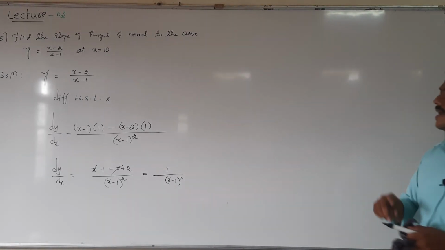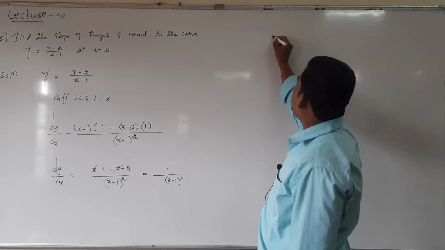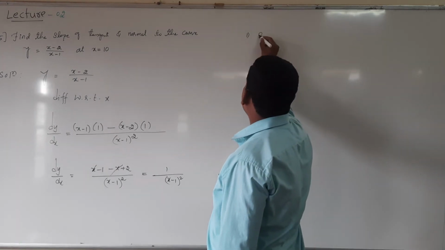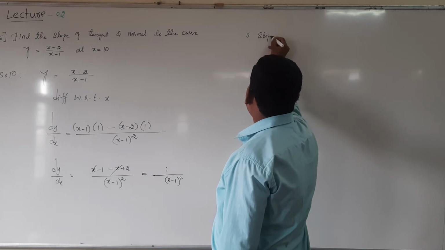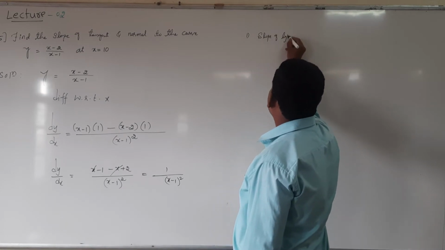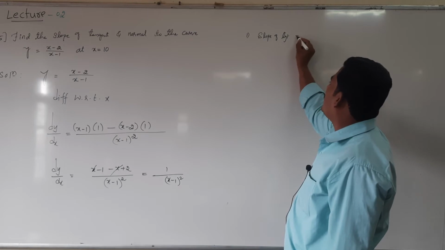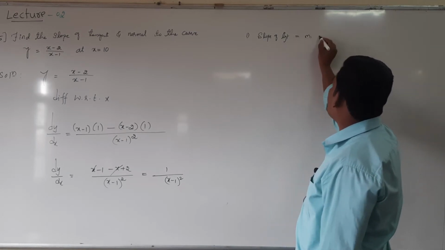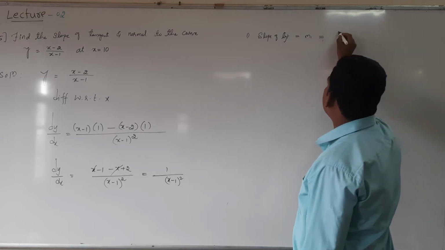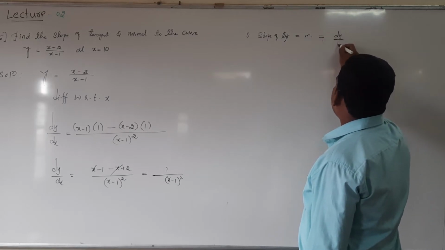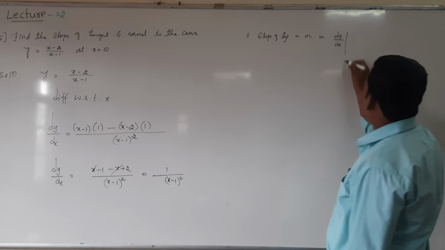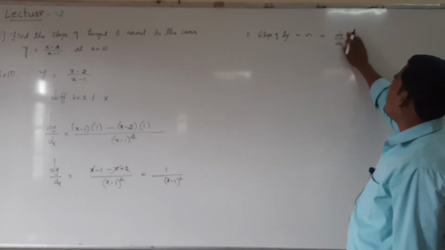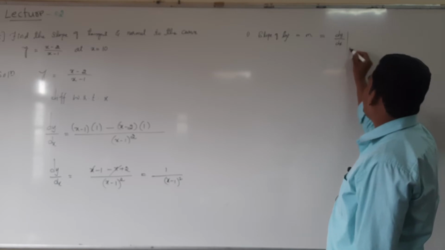After getting dy by dx, write the slope of the tangent. First, slope of tangent. Slope of tangent is denoted with m1, and m1 is nothing but dy by dx at a given point, and in this case at the point x equal to 10.